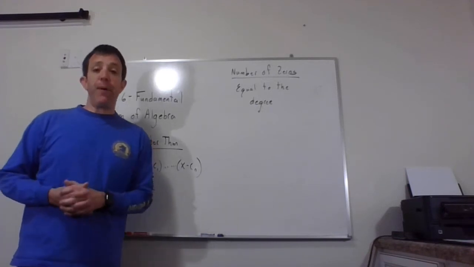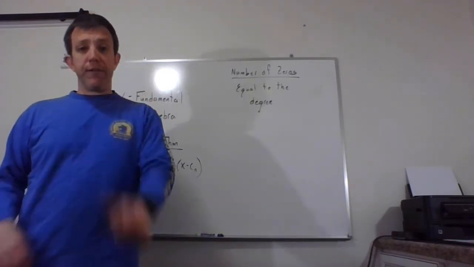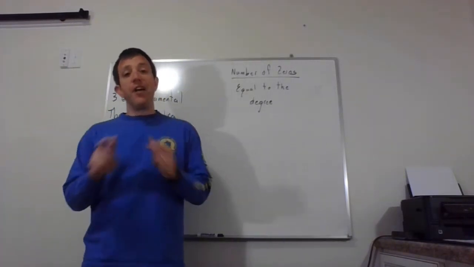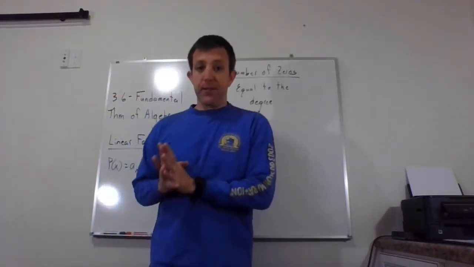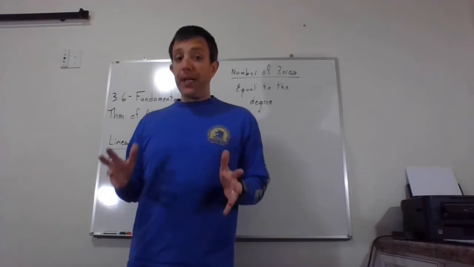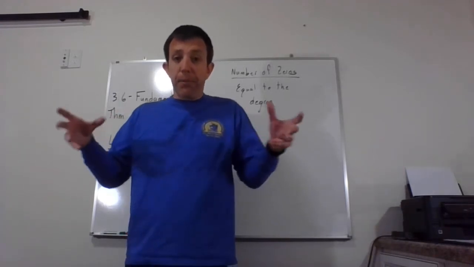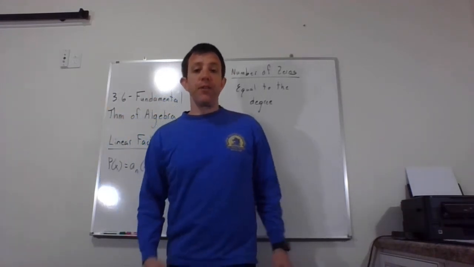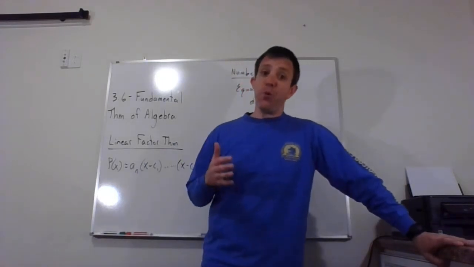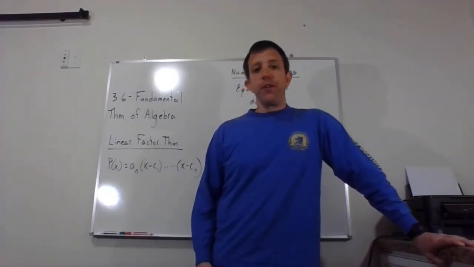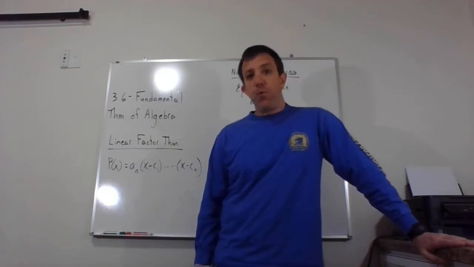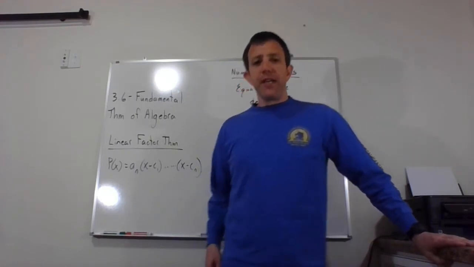So if you have a fifth degree polynomial, you are guaranteed 5 zeros. However, there's nothing that says that they have to be very nice. They could be actual complex numbers with i in them. So they're not guaranteed to be nice things like 2 or 5 or negative 3. You could get, I don't know, 7 plus 2i. So that's a real possibility.